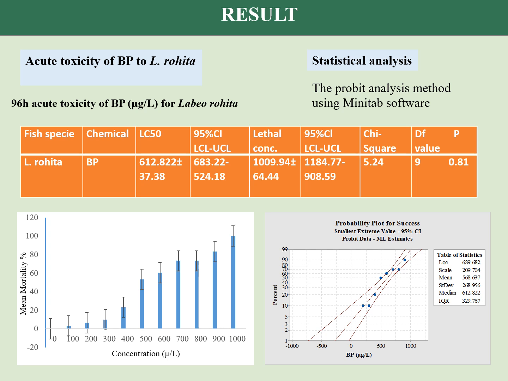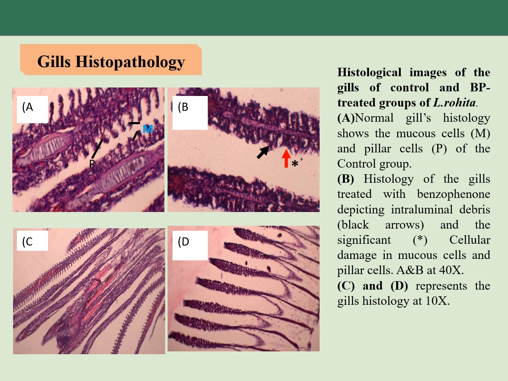This table clearly shows the LC50 with its 95% confidence interval, the lethal concentrations with their 95% confidence intervals, the chi-squared value, and the p value. The graph shows the increasing mortality of the Labeo rohita during the acute exposure.